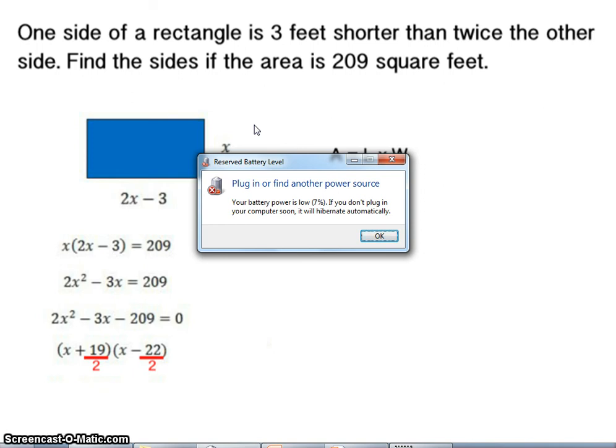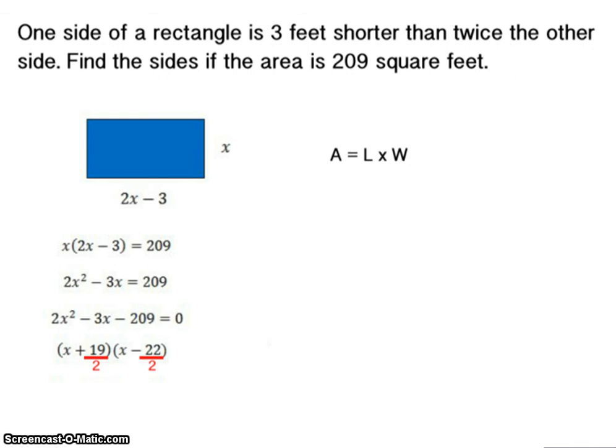Once I find the factors for my temporary quadratic, then I need to stop and plug in. Okay, I found my temporary quadratic. I factored that, and now I'm going to divide both of the numerical values by my a value, which was 2.